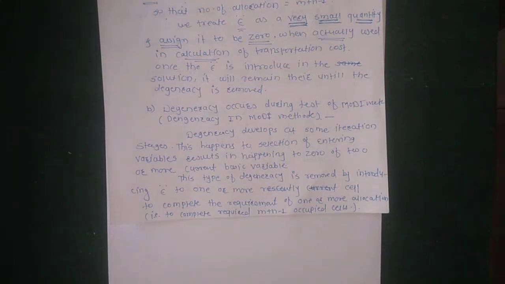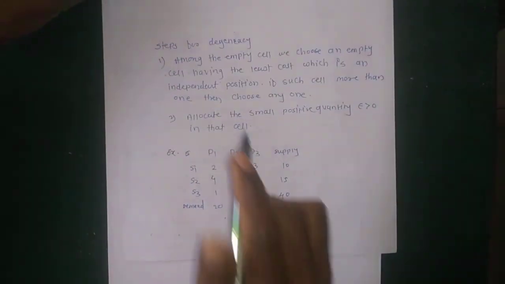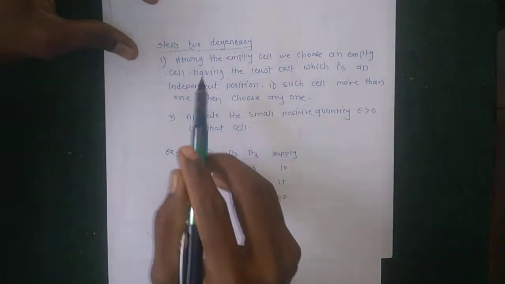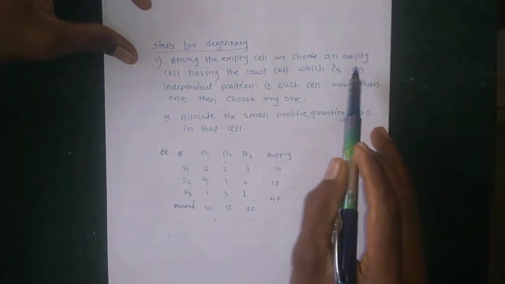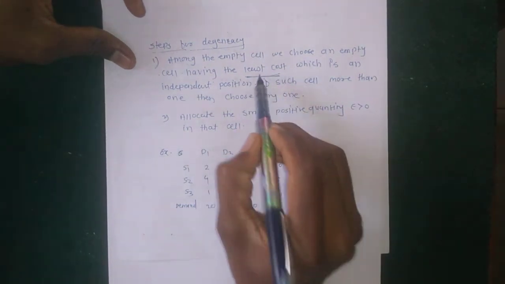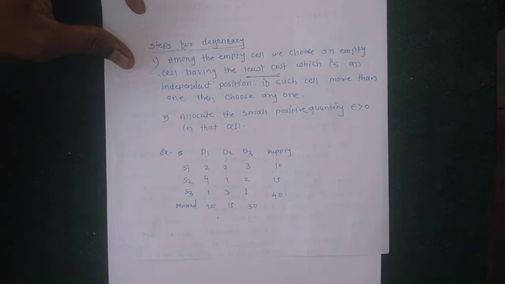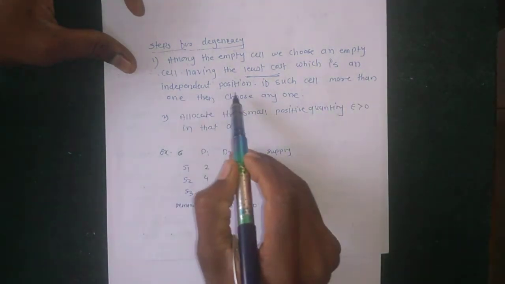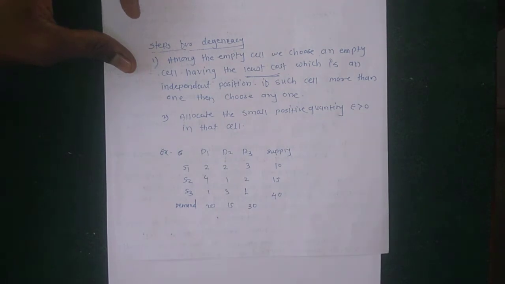then introduce epsilon in any one of these cells. So these are the steps for degeneracy. Among the empty cells we choose the one having the least cost, an unoccupied cell in an independent position, whose position is not fixed.